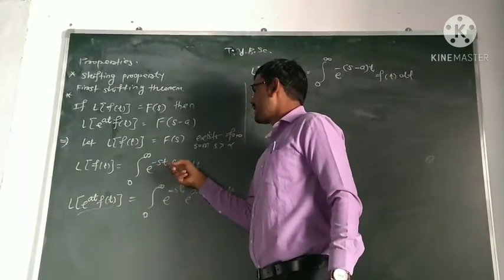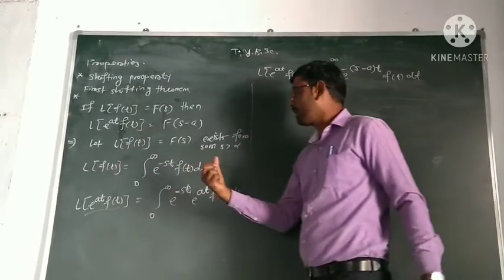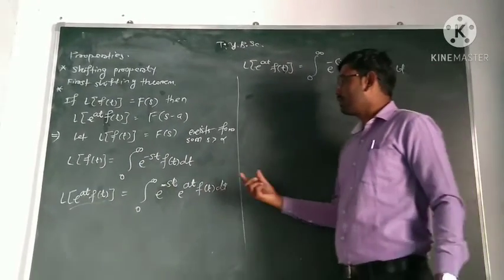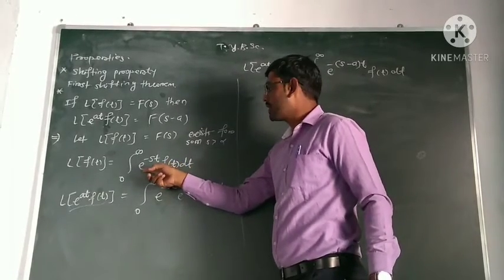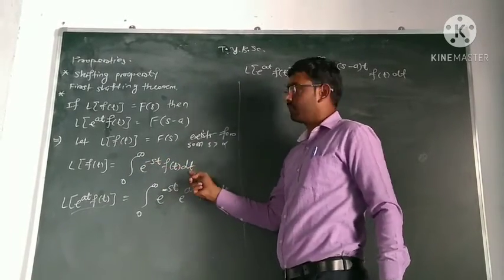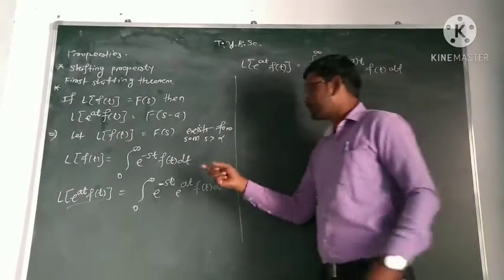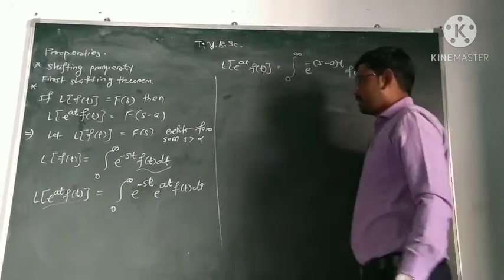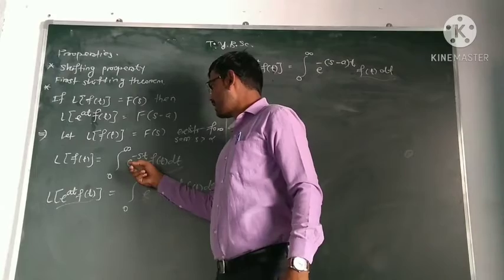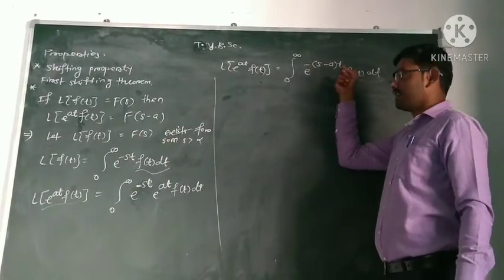E raised to power minus st f of t dt is the Laplace transform of f of t, and this value is equal to F of s. Compare this and this: here f of t dt, here f of t dt. Here it is e raised to power minus st, there it is e raised to power minus (s minus a)t.